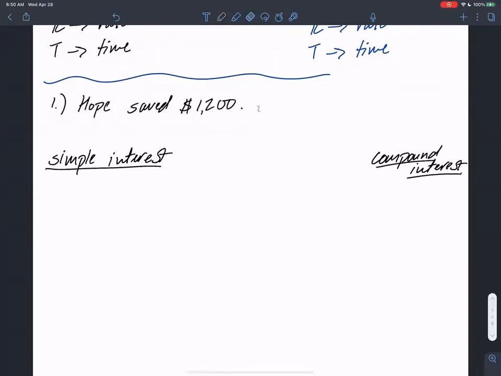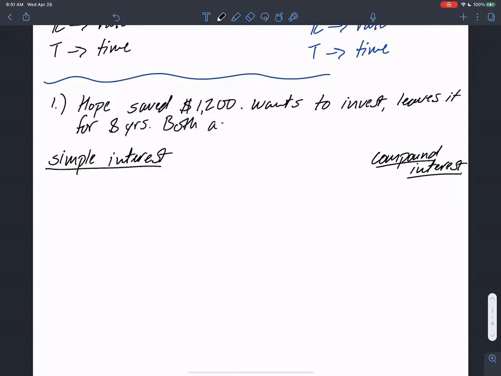Or I'm sorry, let me rewrite it actually better. Hope saved $1,200, wants to invest, leaves it for 8 years, both accounts have a rate of 6.5%.